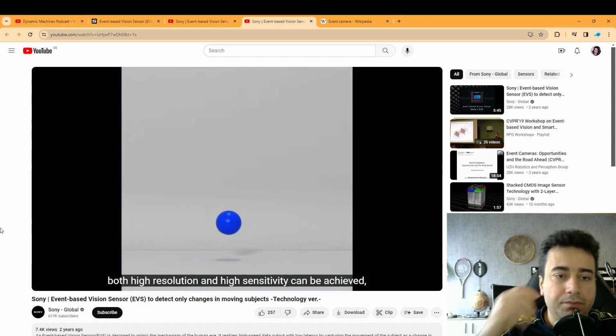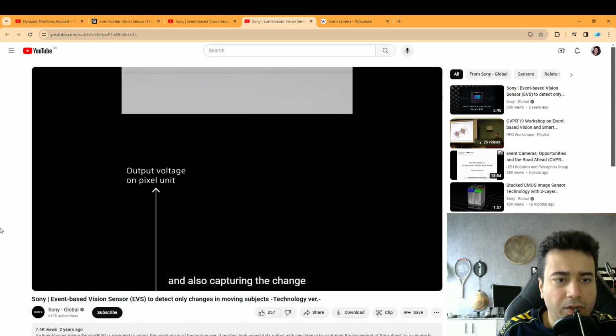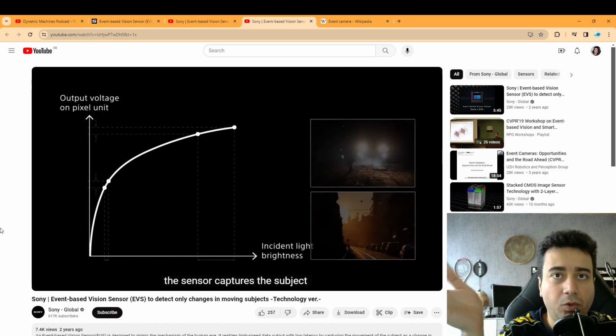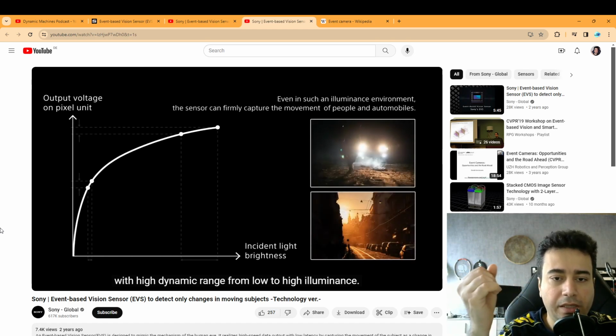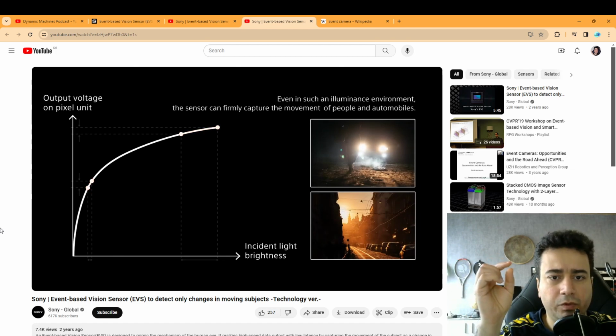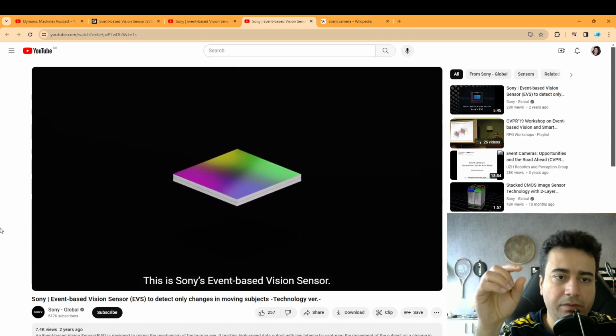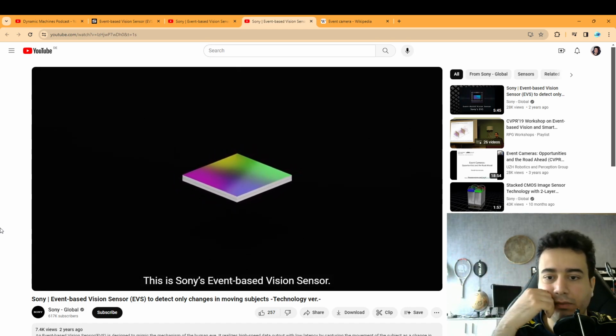This ball was one example. And as I said, it doesn't matter what the exposure situation in the image is; it is always the amount of output voltage. Doesn't matter what the situation is, it will be the same with the camera.